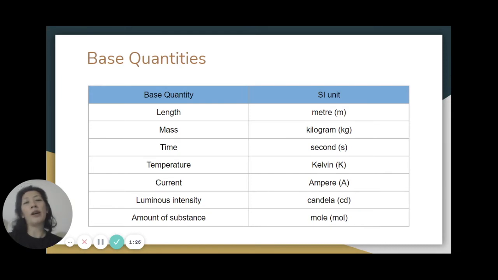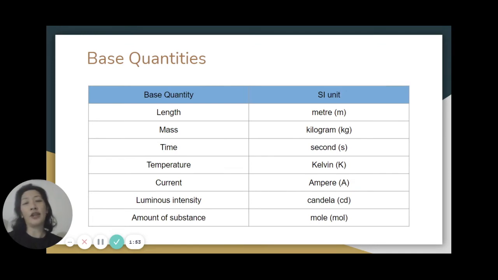It is common for a lot of teachers to focus only on 5 base quantities, which are the first 5 in this list. We don't normally focus on luminous intensity and amount of substance much because these 2 base quantities very rarely come up in topics or chapters in our physics syllabus, whether it's SPM or IGCSE O-Levels.